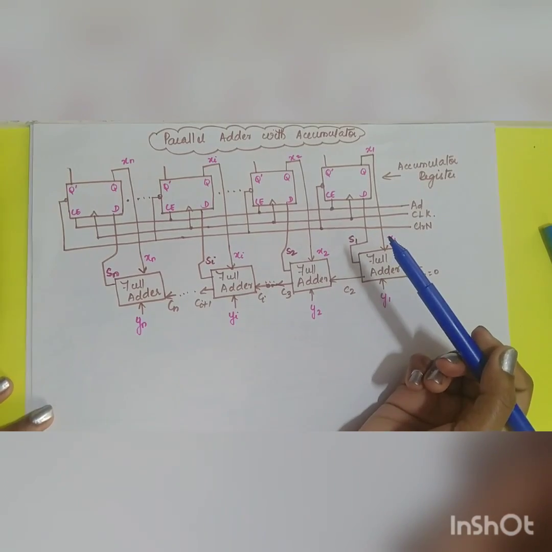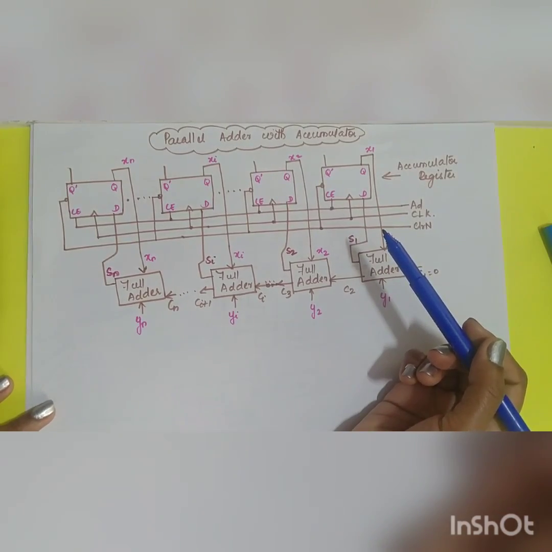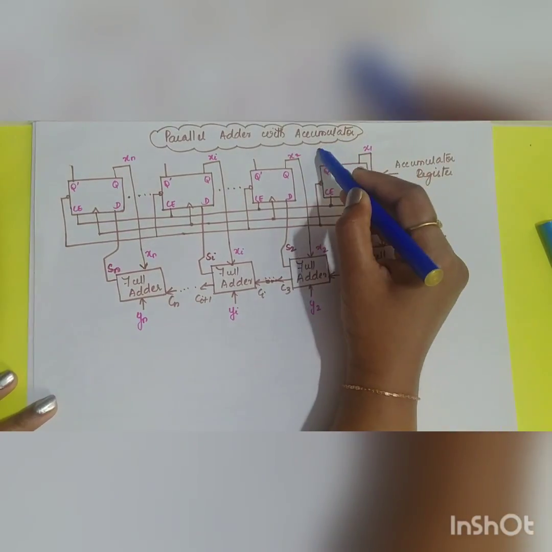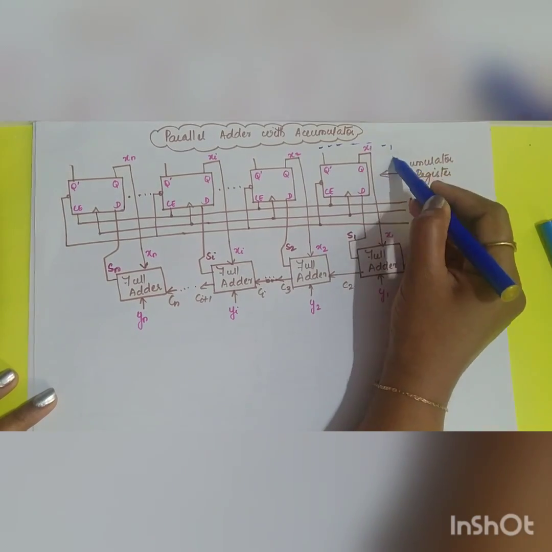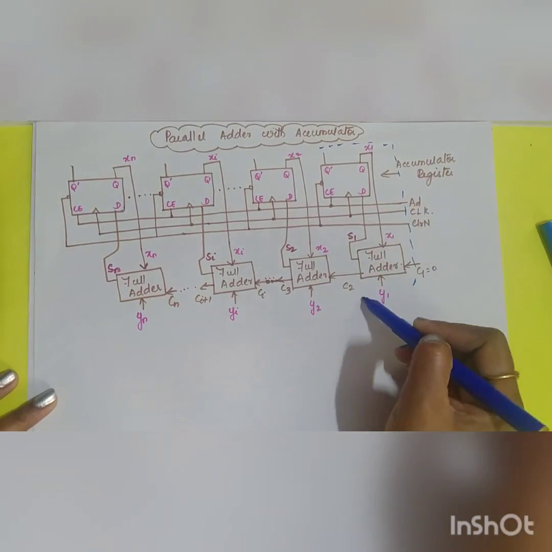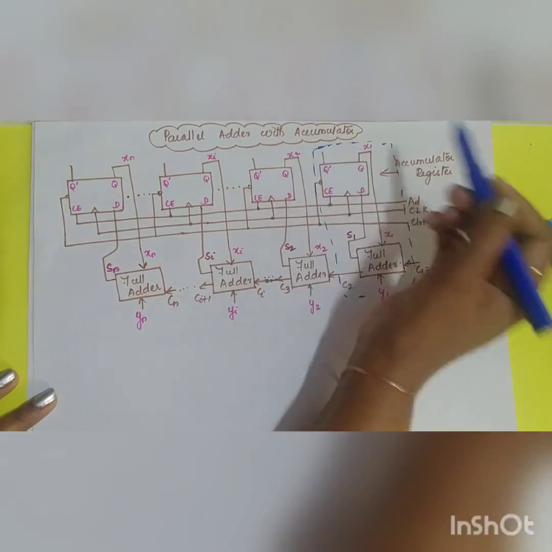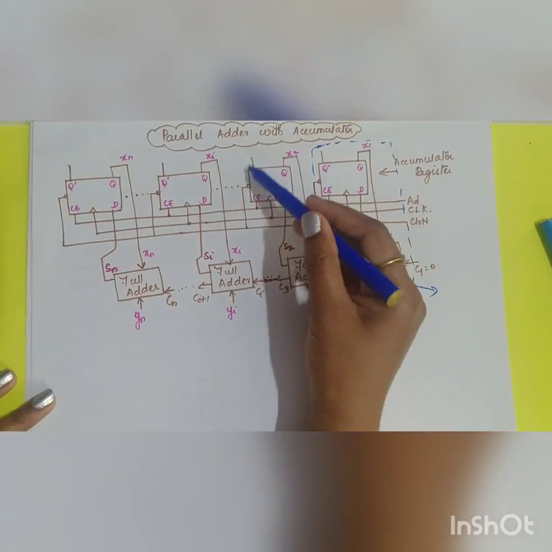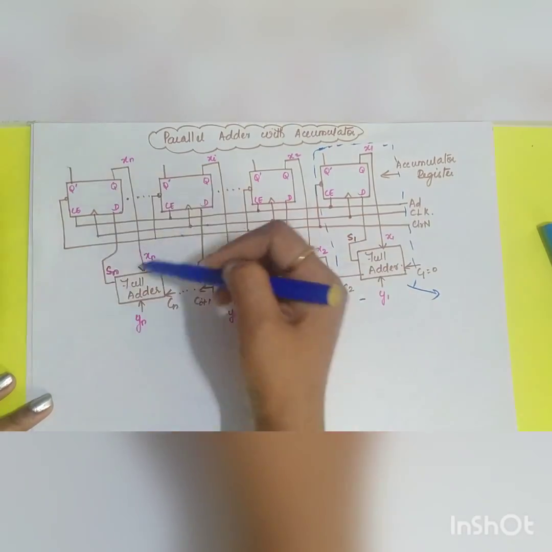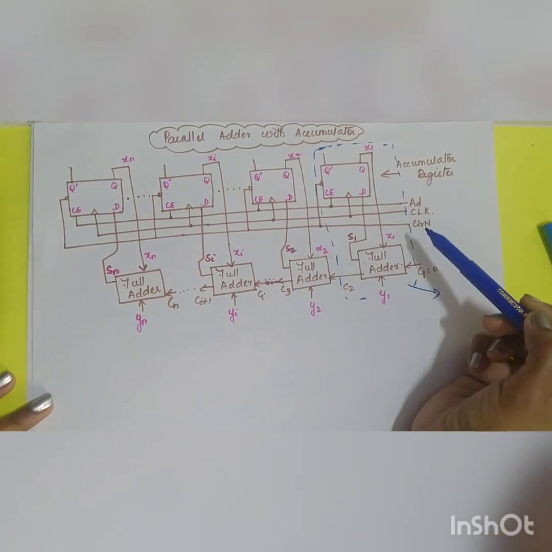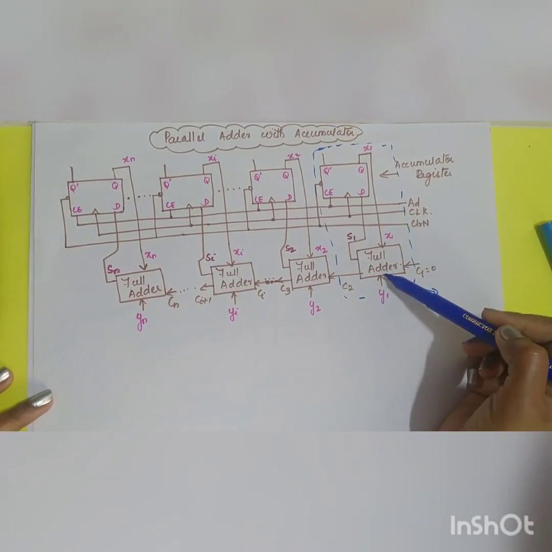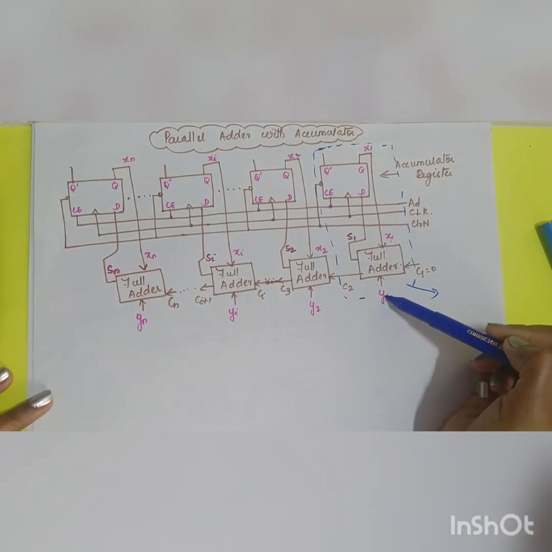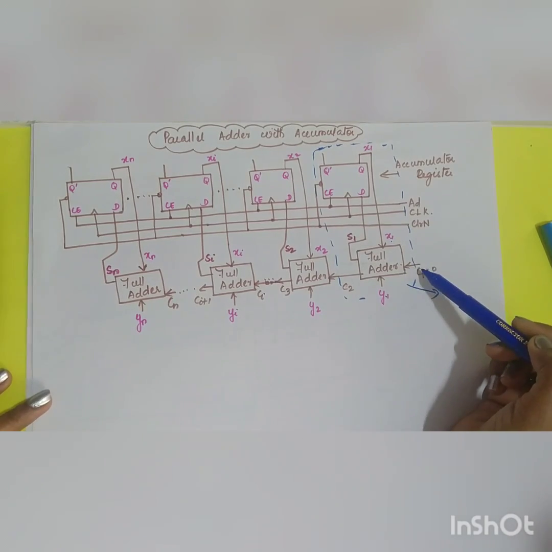One of the important features in this parallel adder with accumulator is that you have a cell which is a combination of a full adder and a register. So this will be one cell, and similarly you can add n number of cells together. The two inputs to your full adder will be x1 and y1 with a previous carry.